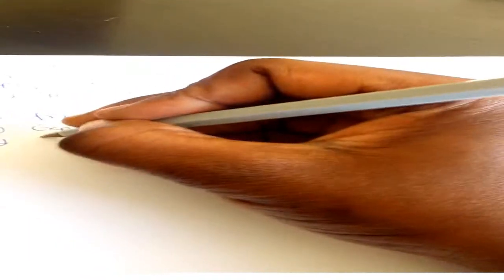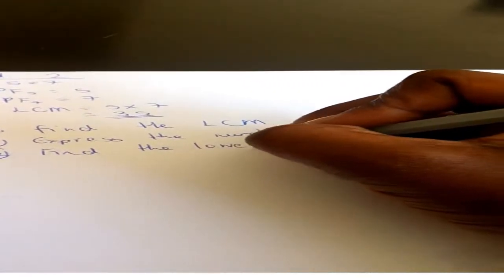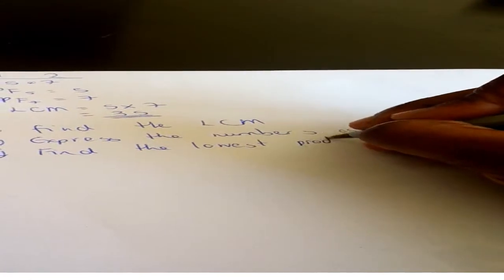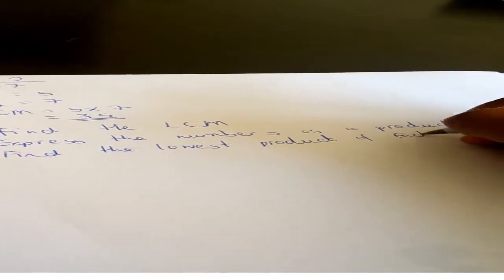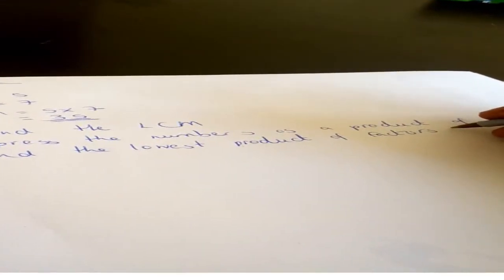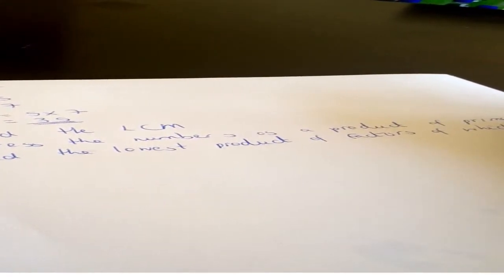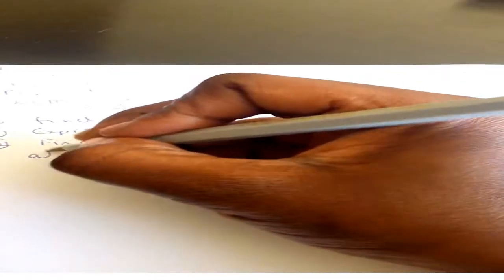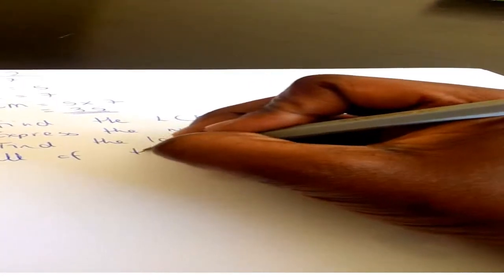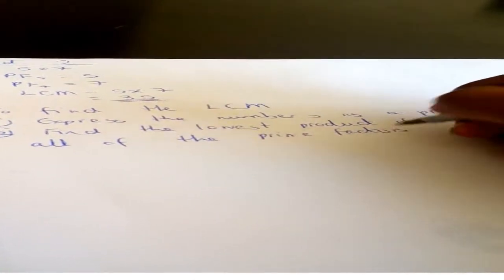And step number 2, we find the lowest product of factors which contains all of the prime factors of the numbers.